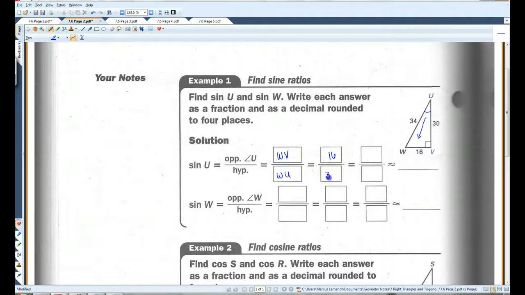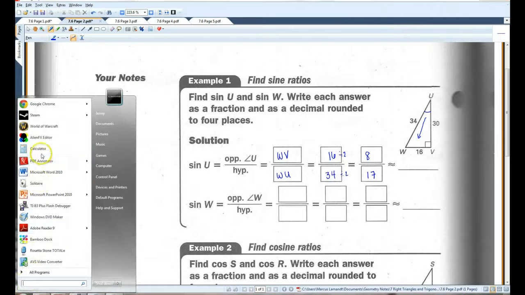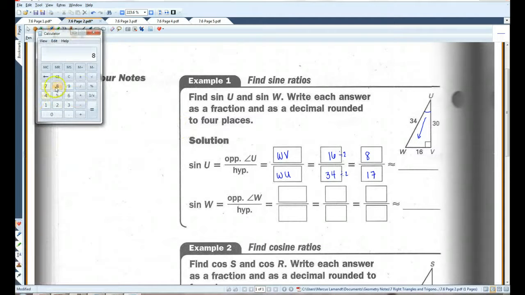WU is 34. This can be simplified. If I divide top and bottom by 2, I get 8 over 17. Let's pull out a calculator. Eight divided by 17 is 0.4706.